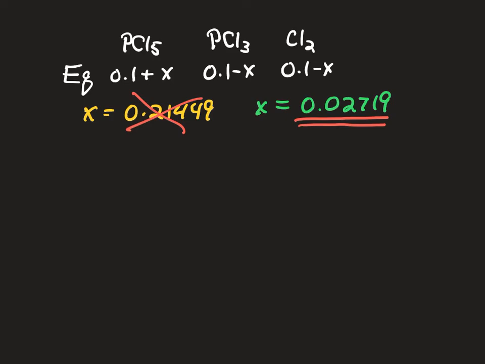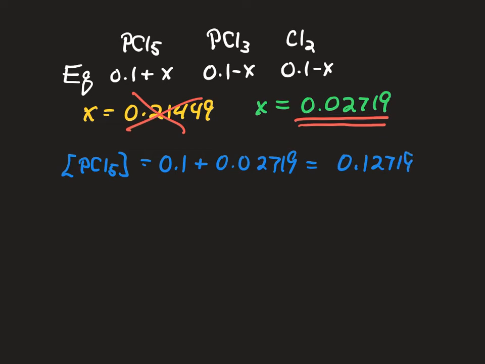So we've said that our concentration of phosphorus pentachloride is 0.1 plus x, which is 0.02719, right? And that's going to be equal to 0.12719, and probably to 3 significant figures, we would report that as 0.127 molar.